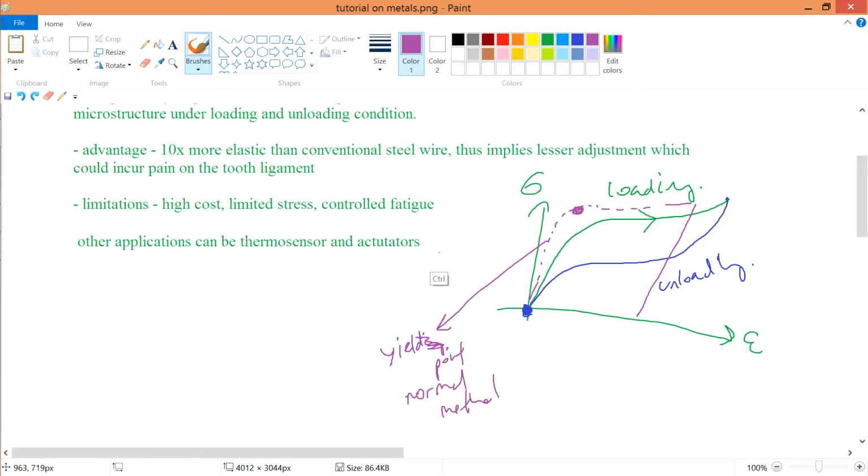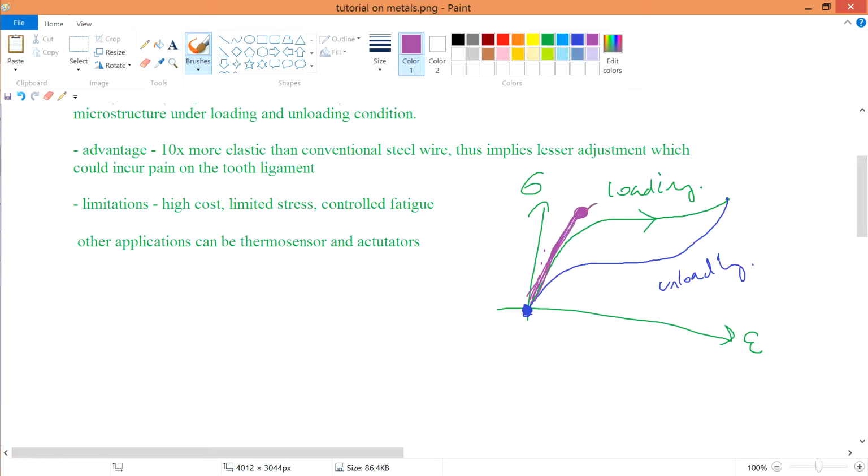Give me a while. So the normal metal will go like this. And over here, this is Hooke's law, it's linear. Up to here, it becomes non-linear, you'll strain. So over here, this is the strain, the amount of strain, I should say.